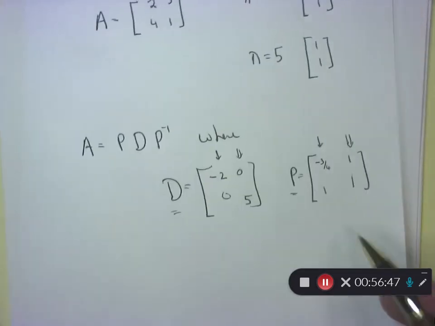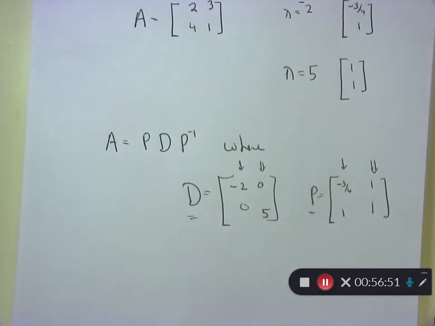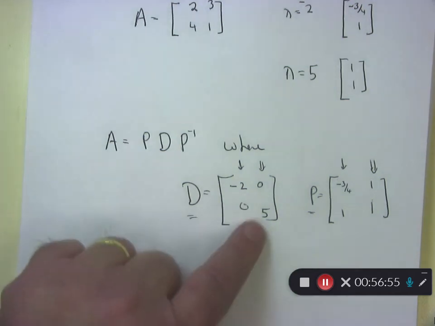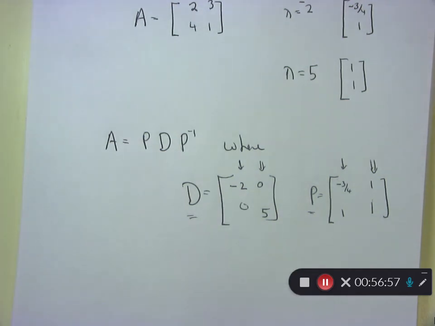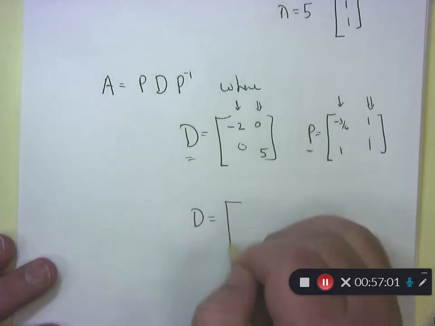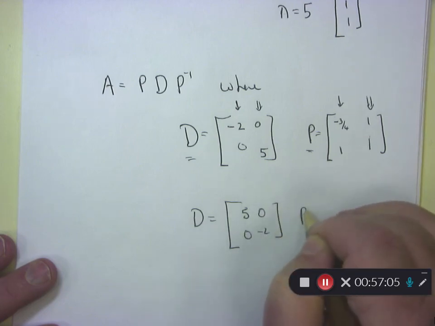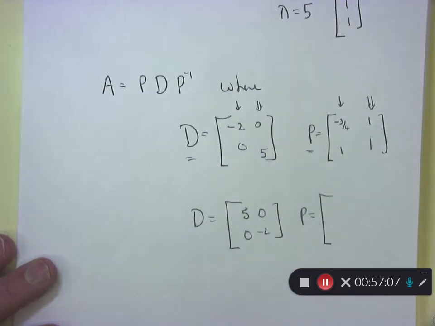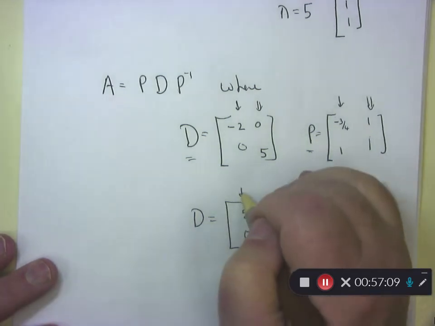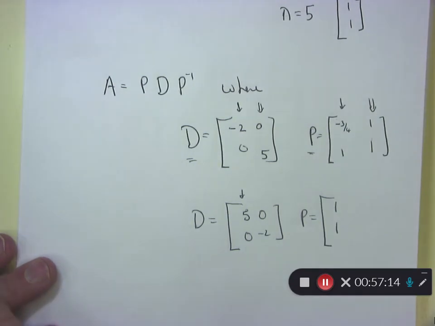And then you've got your P and your D. You can find P inverse by finding the inverse of this guy. And then you've got your similar matrix. That's how the game is played. Now look, here's also the deal. If some of you are going to put them out of order because you can't help yourselves, and you write it as 5, 0, 0, negative 2, that does change what P is going to be. Since you put the 5 in the first column, you've got to put its eigenvector 1, 1 in the first column.